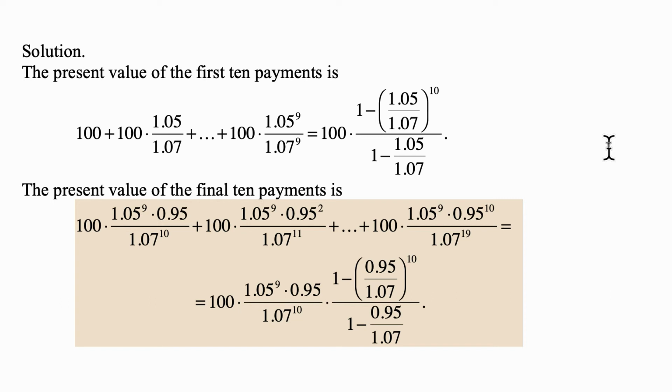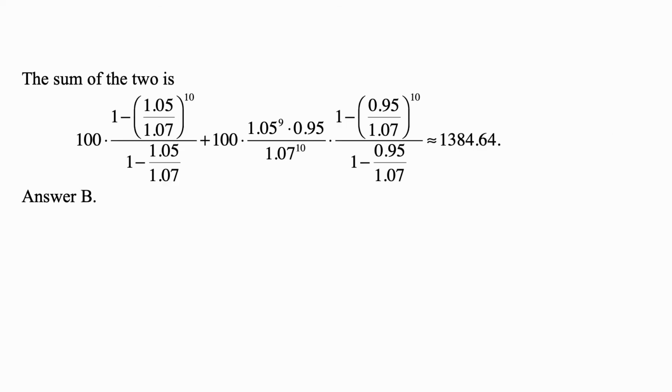After we factor out what I just pointed out, the first term will be 1, so this is 1 plus 1 times the ratio, and so on, divided by 1 minus 0.95 over 1.07.